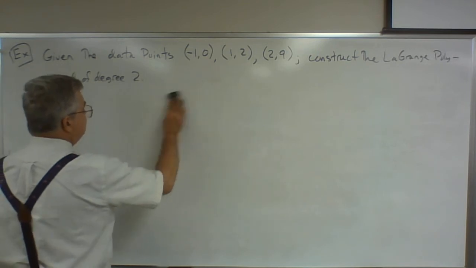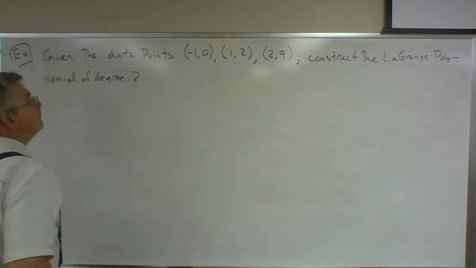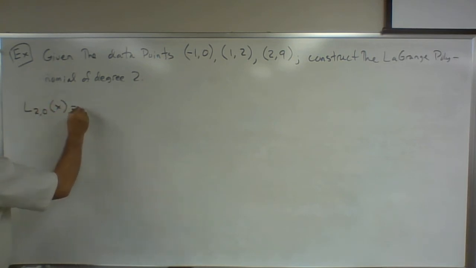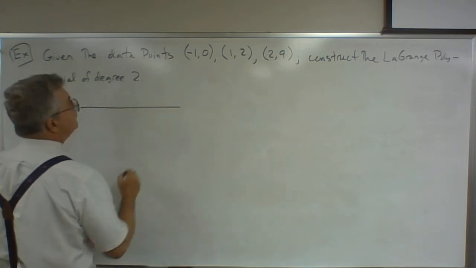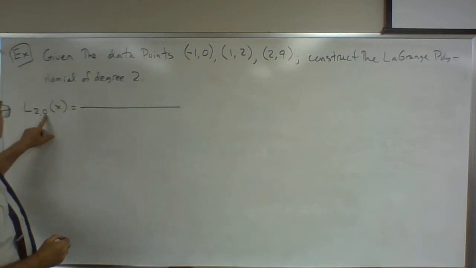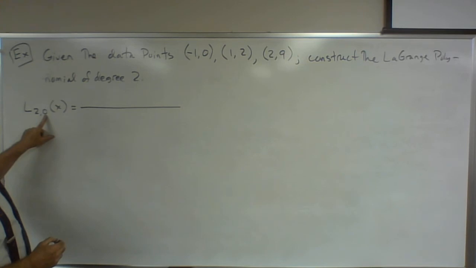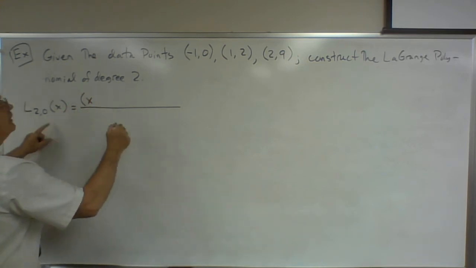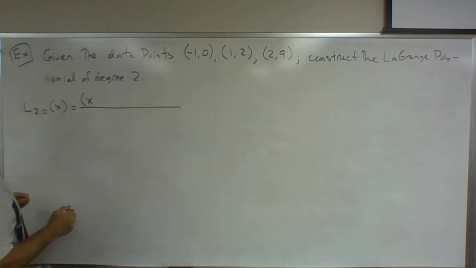I guess the thing to do is to construct our Lagrange coefficients. Let's say this is the zeroth Lagrange coefficient, so we leave out x minus x0.